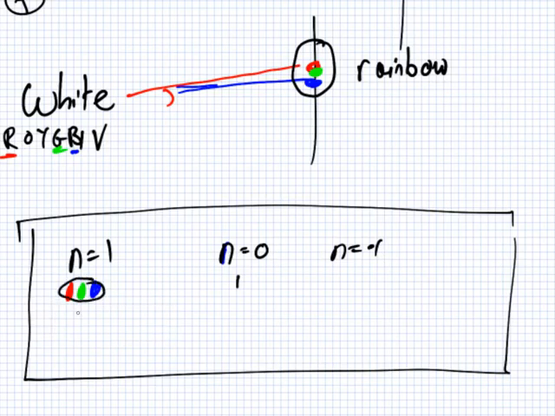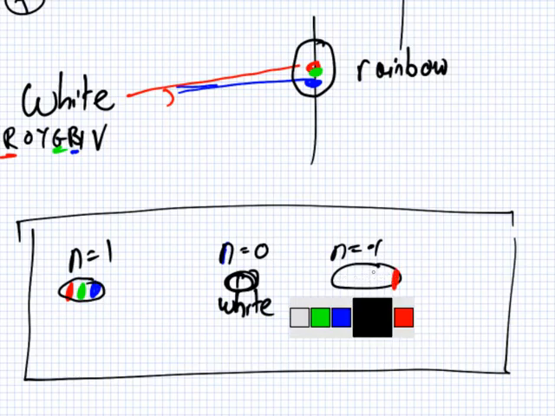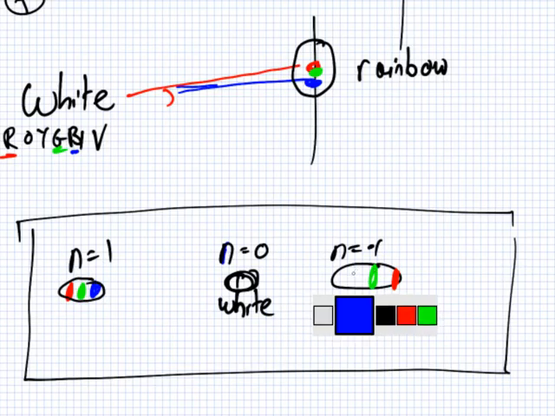There'll be a little rainbow here. In the middle here, you won't really get a rainbow, but you'll get one here. Where should I draw the red? Left or right? Right. Very good. So you get little rainbows at the locations.